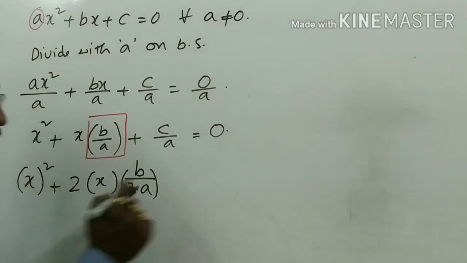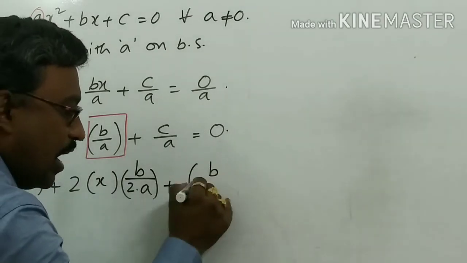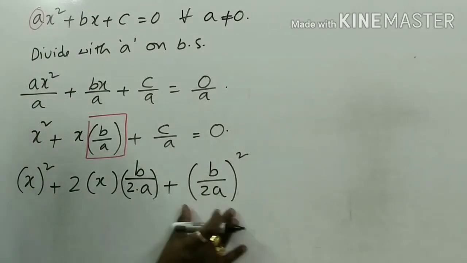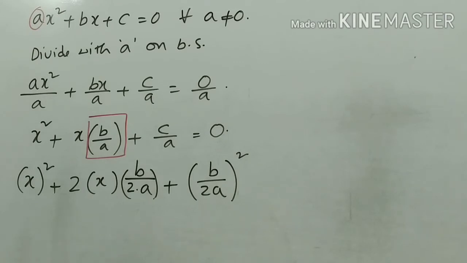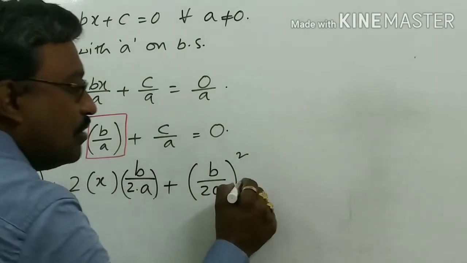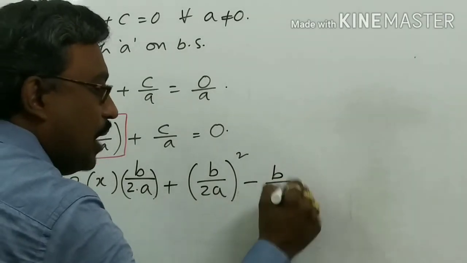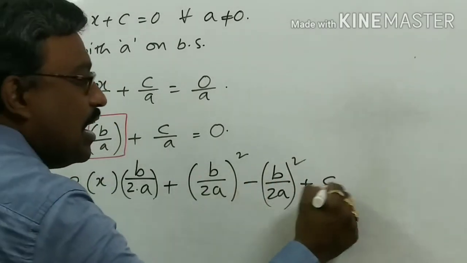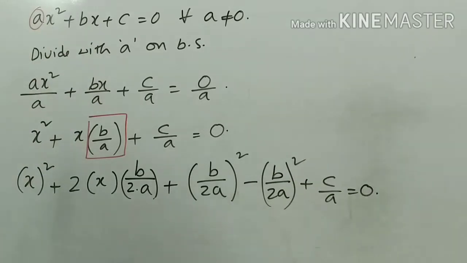a² + 2ab, and if a b² term is there, then a² + 2ab + b² becomes (a + b)². But unfortunately we don't have this, so I am adding and subtracting (b/2a)², plus c/a is common. So what happened here?